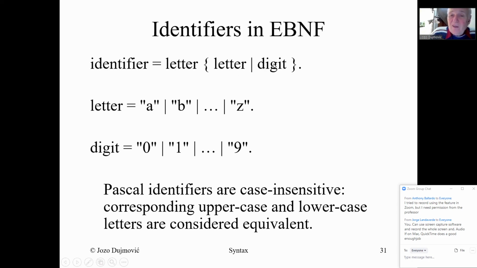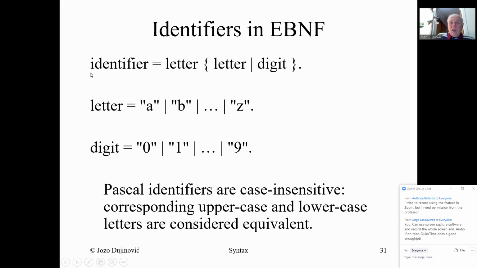So this letter or digit can repeat any number of times, including 0. If there is no repetition, that is none inside, then the identifier is a single letter. However, if you want to repeat this once or twice, you can have letter. So this is always letter or digit.